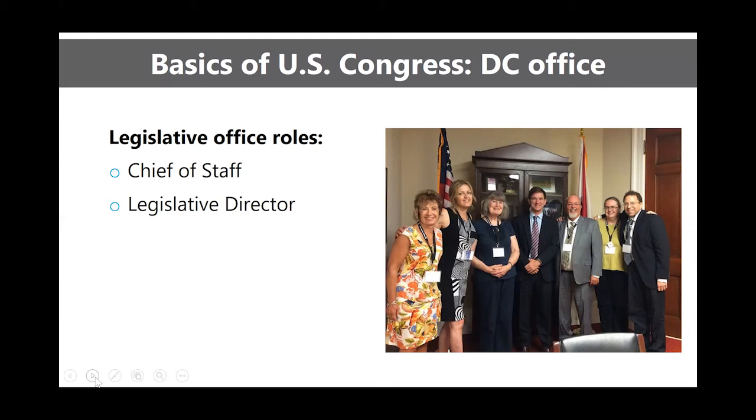Also in DC is the legislative director. This staffer is the senior policy staffer in the office. This person likely has been with the office for more than 3 or 4 years, been promoted from a legislative assistant, which we'll talk about next, and oversees all major policy decisions.